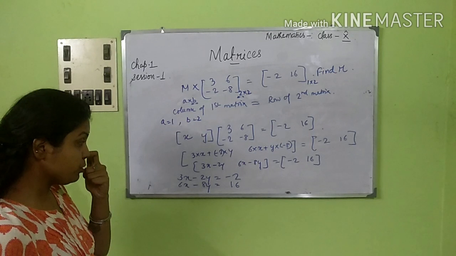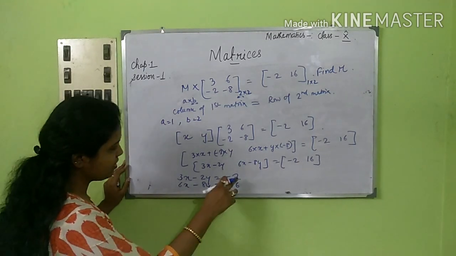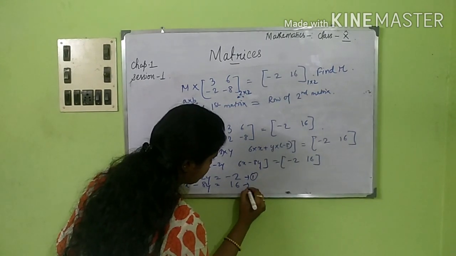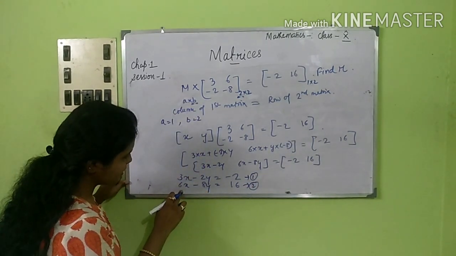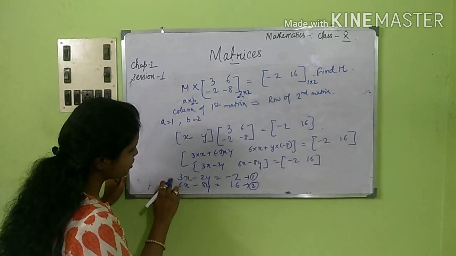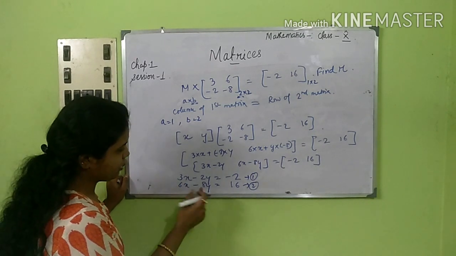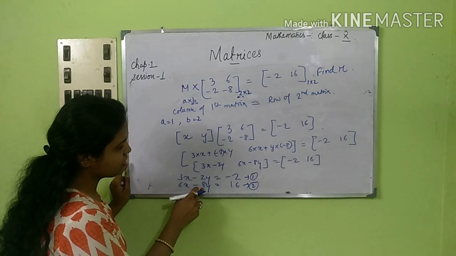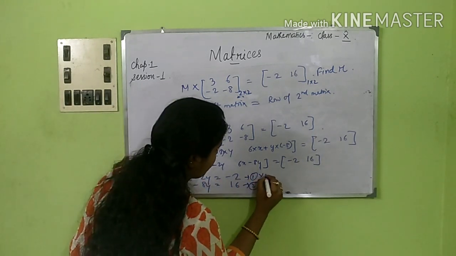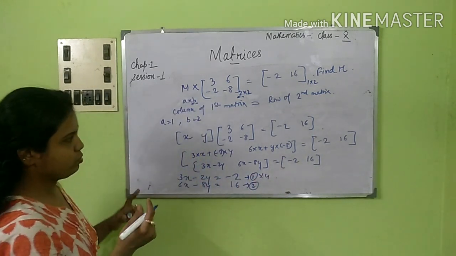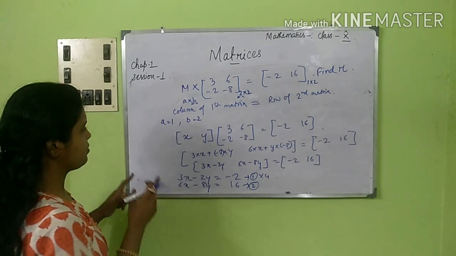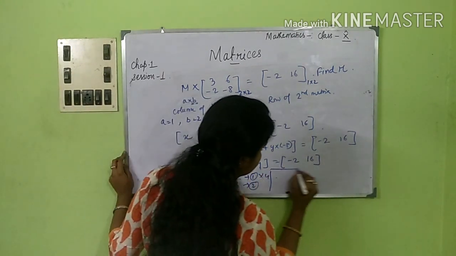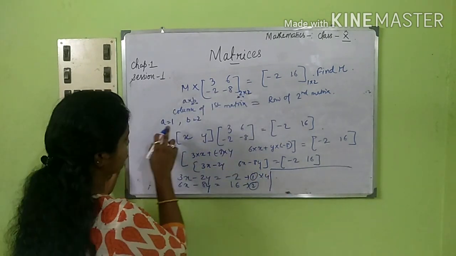Now what you can do is, this is equation 1, this is equation 2. If you multiply this with 4, since it is 2 here and it is 8 here, let's check.